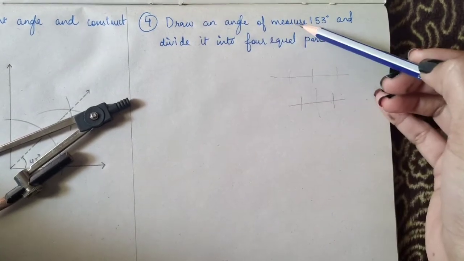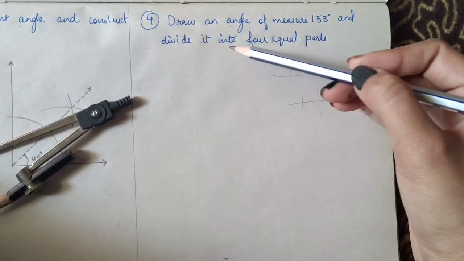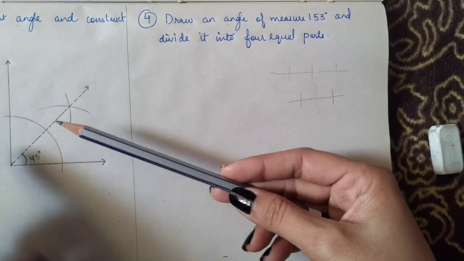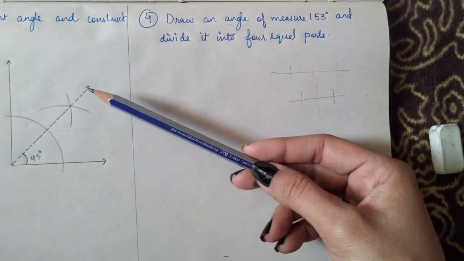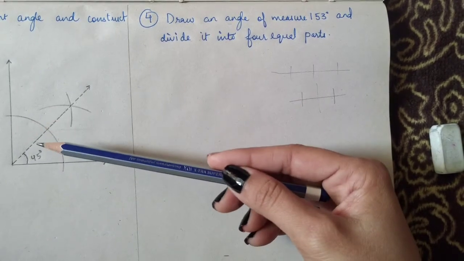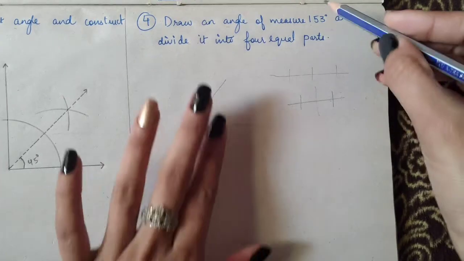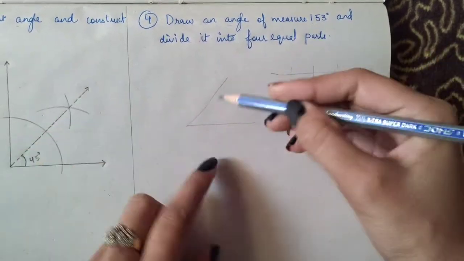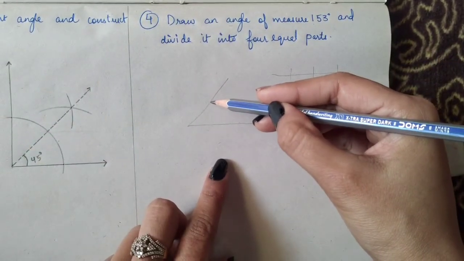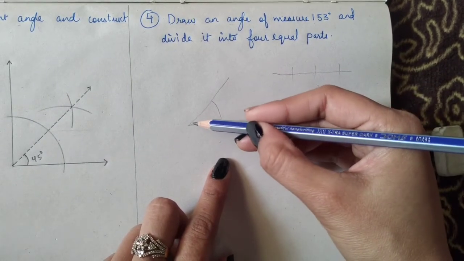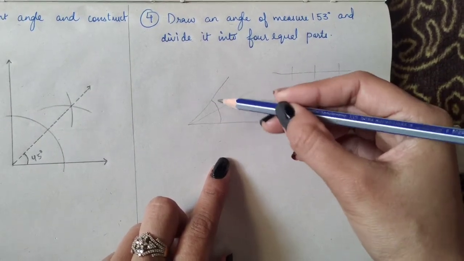Draw an angle of measure 153 degrees and divide it in 4 equal parts. As you saw, when we bisect once, we get 2 equal parts. I'll just show you roughly. This is not 153 degrees, I'm just giving you an example. If it's an angle, you have to divide it in 4 equal parts. First, if you bisect it once, you get 2 equal parts.